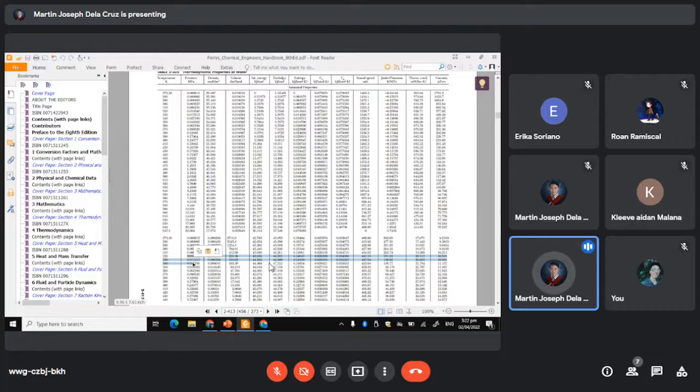So saturated vapor naman, dapat between 46.582 and 46.9. So 0.0133 class. Devon, please get the temperature and then the saturated vapor. So yun lang class.